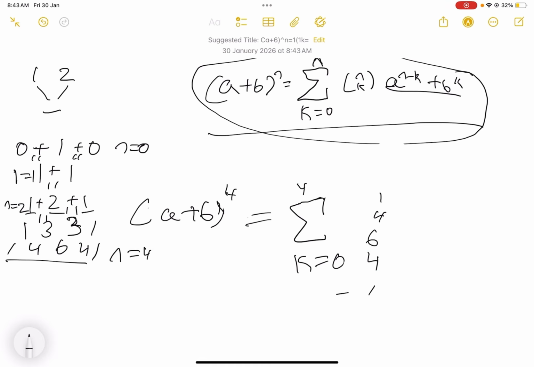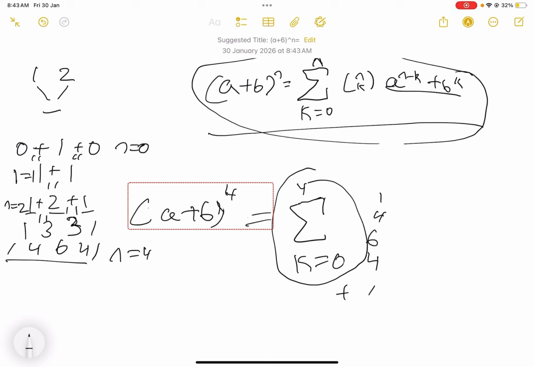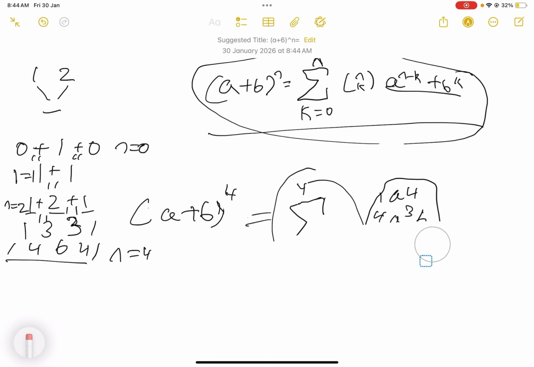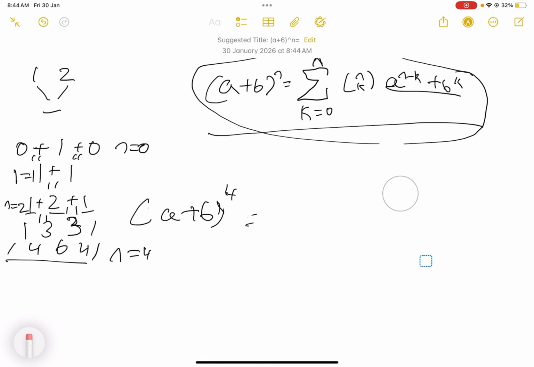You just add all this up: a to the fourth, a cubed b, a squared b squared, a b cubed, and finally b to the fourth. This is how we expand the binomial to the fourth power. We can use this for any power n.